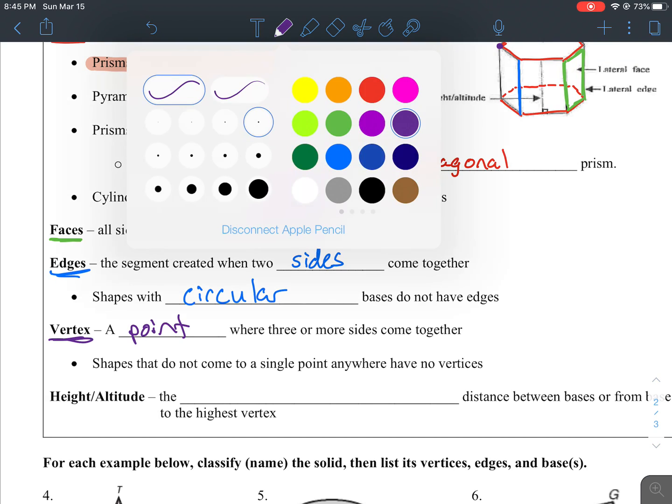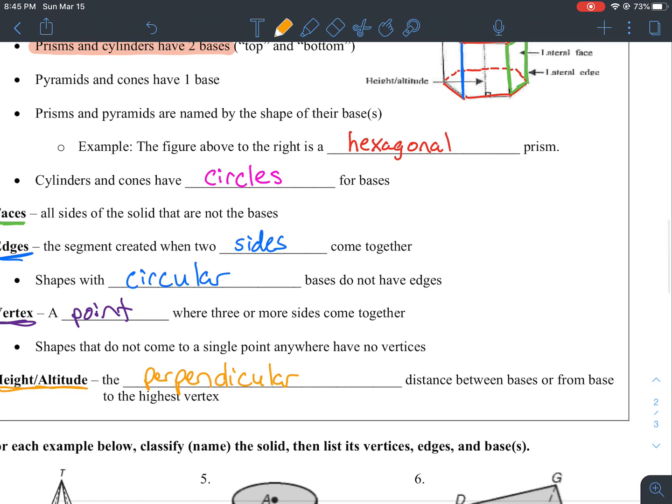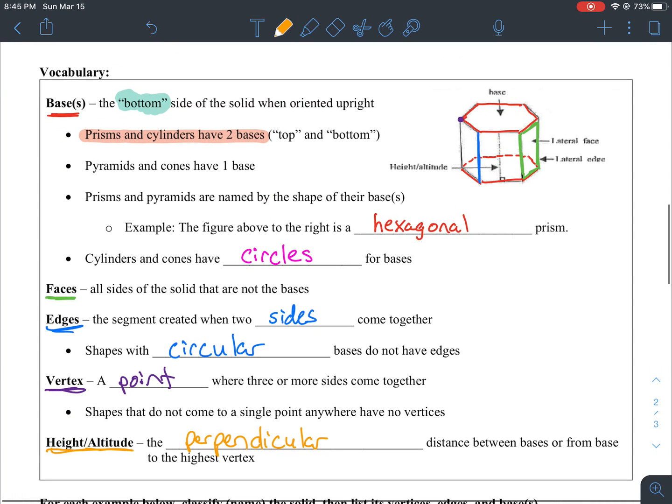Okay. And then lastly, we have our height, which can also be referred to as an altitude, and that is the perpendicular distance between the bases, or if there aren't two bases, if it's a cone or a pyramid where there's just one base, it's going to be from the base up to the highest vertex.